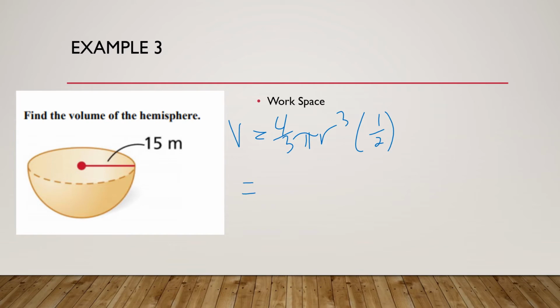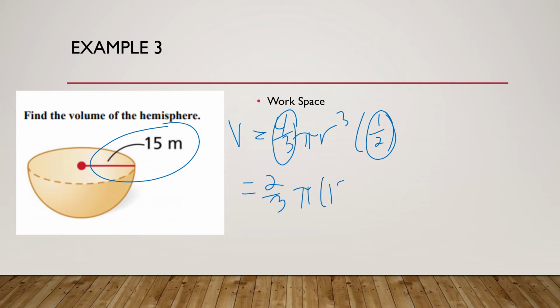If we simplify those fractions, we take half of 4/3. That gives us 2/3 pi. My radius is 15, so times 15 cubed. If we do that math, we get 2,250 pi. This time we're in meters. Since it's volume, it is cubic.